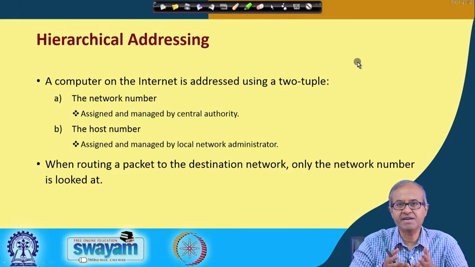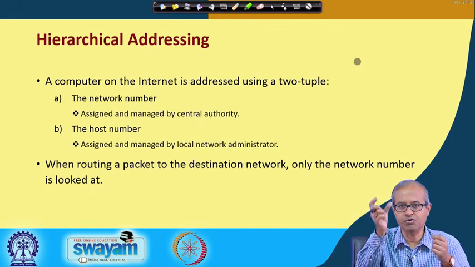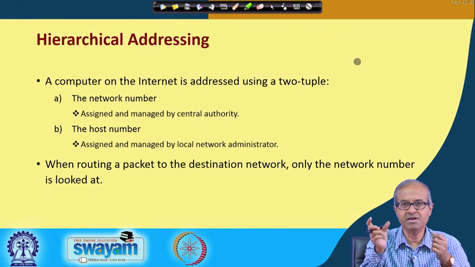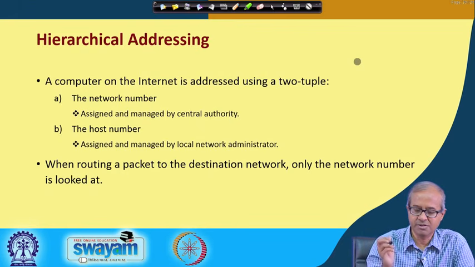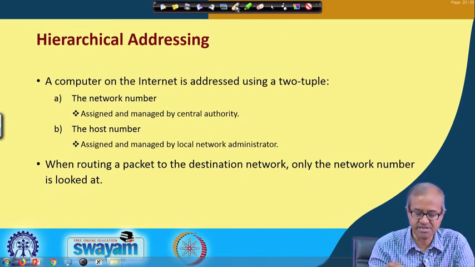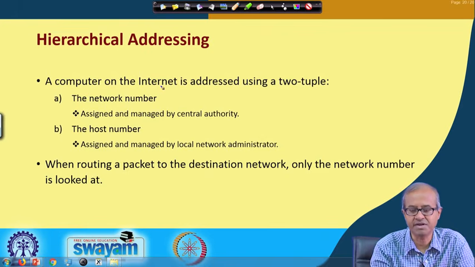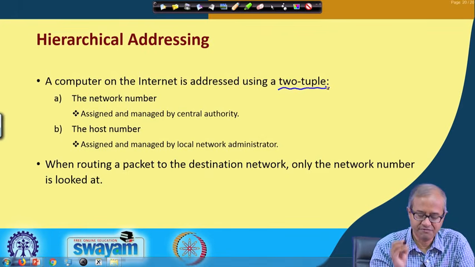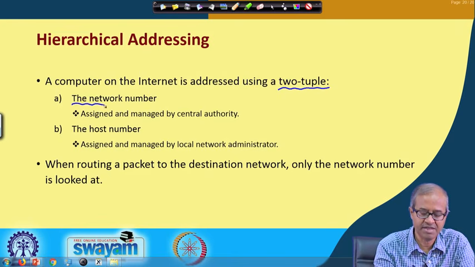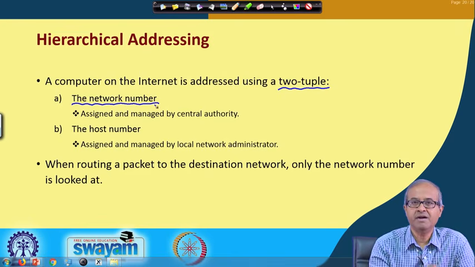Now, this hierarchical addressing I have already talked about, that the way we address a computer is in two parts: address of the network and address of the host. So, here I am just repeating it again. Every host or computer that is connected to the internet is identified by two things, a two-tuple. First one I mentioned already, the network number. Network number has to be unique.